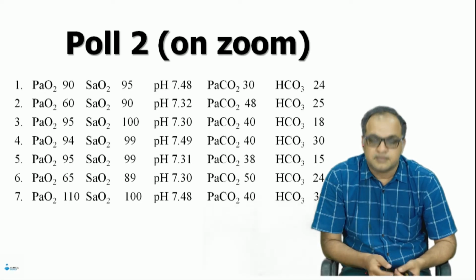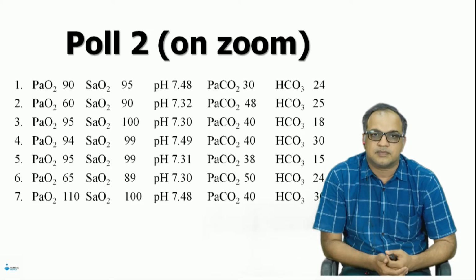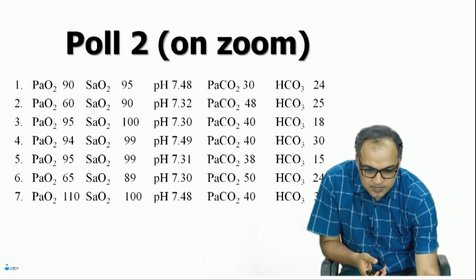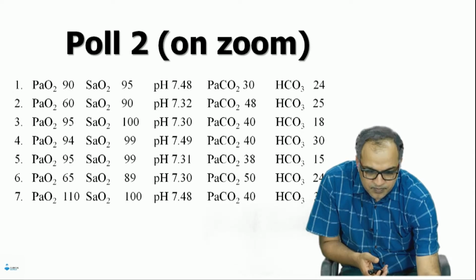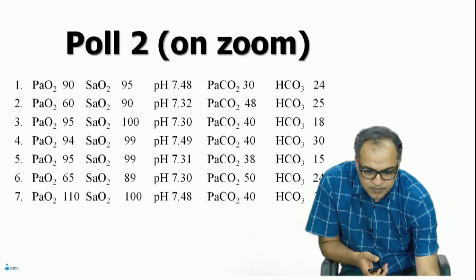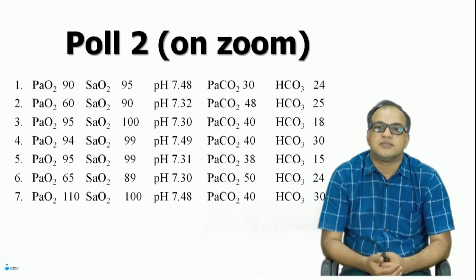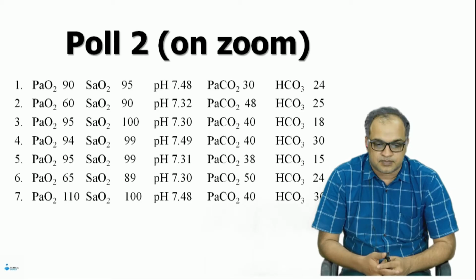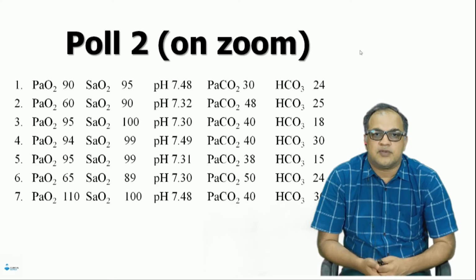8 have voted. 9, 10, 12. More. Question 4. pH is alkalotic, more than 7.4.